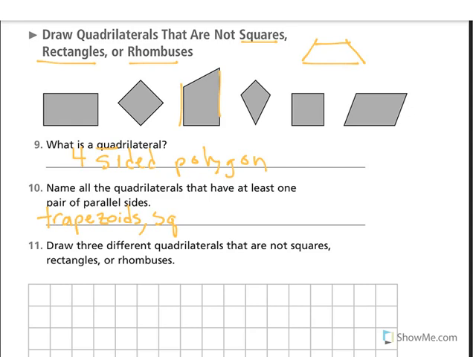Squares, of course, they have like all the definitions basically. Rectangles. And rhombuses. I think that's all of them.